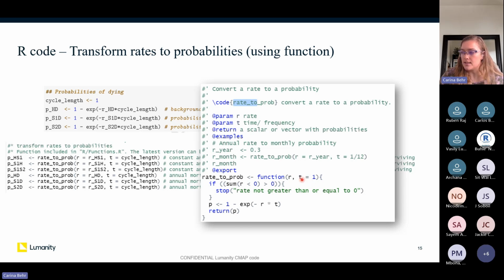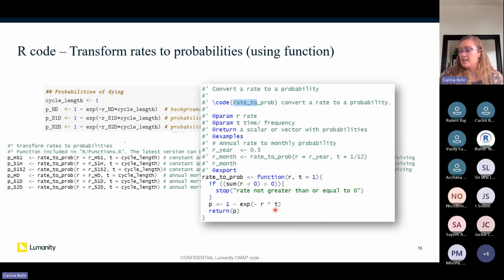and here it shows that t equals 1, so if the user doesn't provide a new t, then the time would just be 1. And within this function, we use the formula, which is the same formula that was used here originally. So 1 minus the exponential of negative rate times time, which is what we have here.